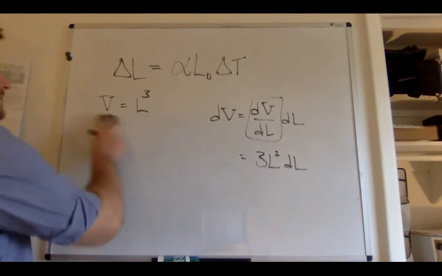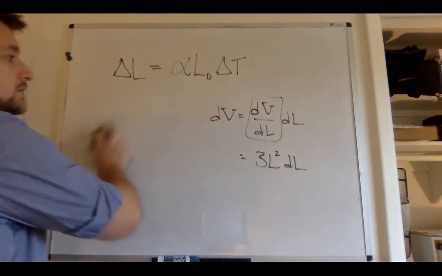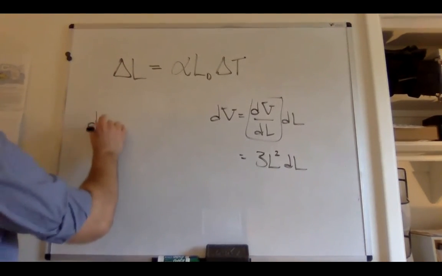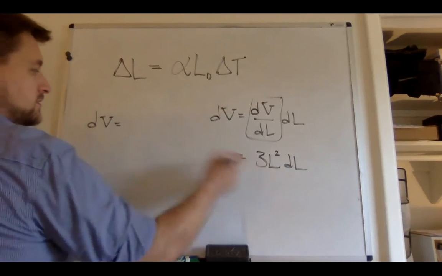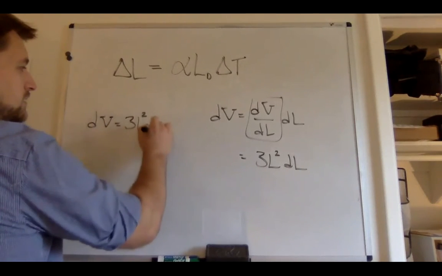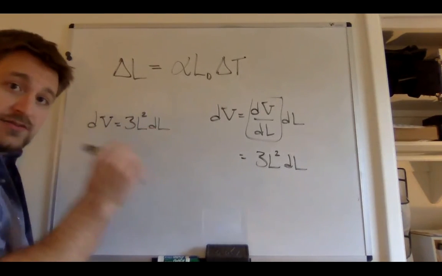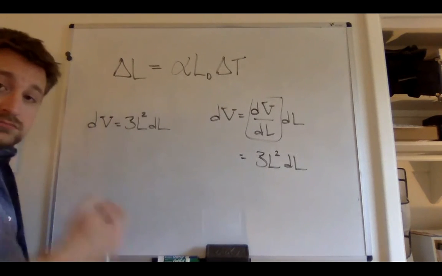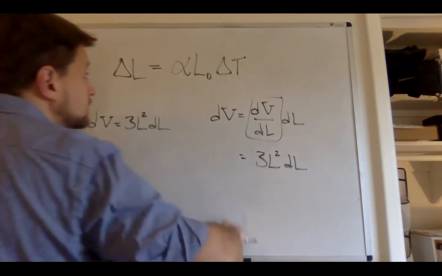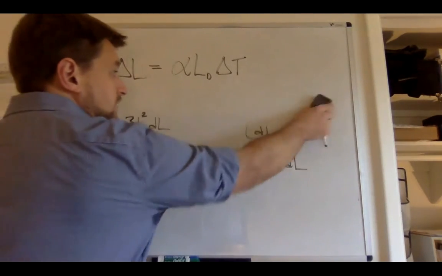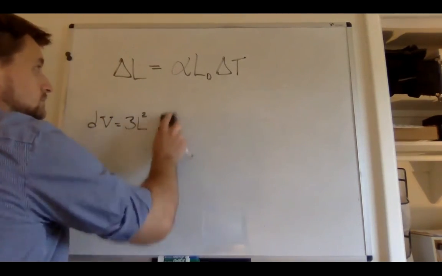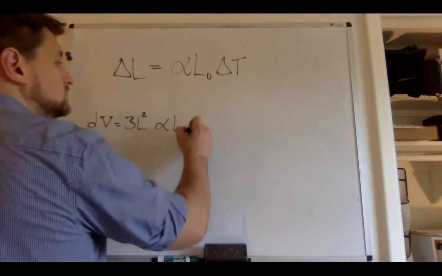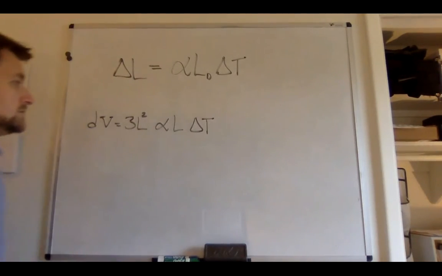So dV is 3L squared dL, but this is the small differential change in length as a result of a temperature change, which we know what it is. It's alpha L delta T.